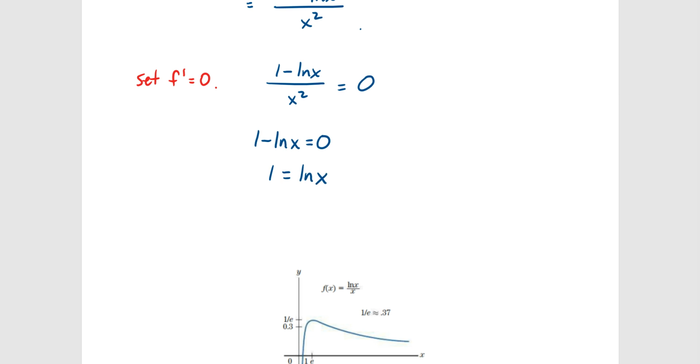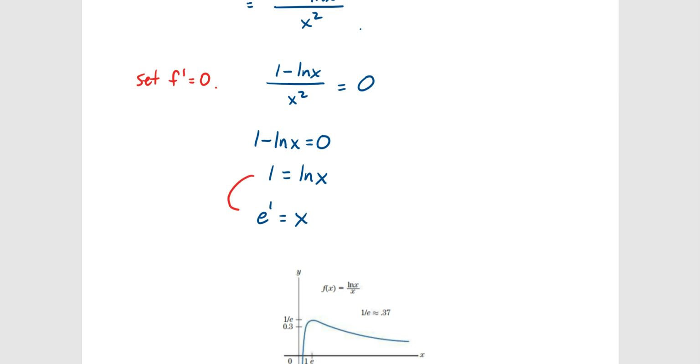Now to get x out of that ln, we have to do that inverse property. I believe we did it earlier in the semester, and we also did it in the last few sections. We have to essentially raise base e to both sides, and that would be e to the first power equals e to the ln of x. We didn't really think of it that way. We just simplified it to this right here.